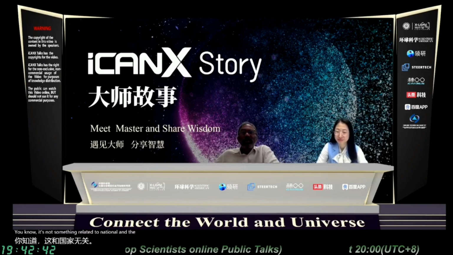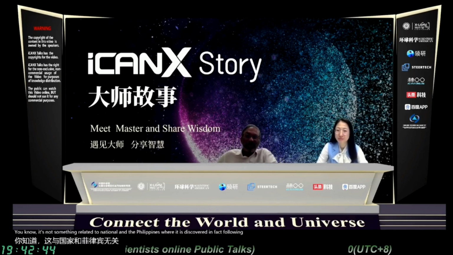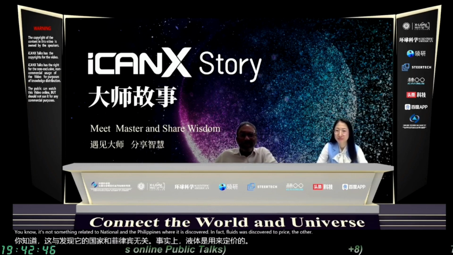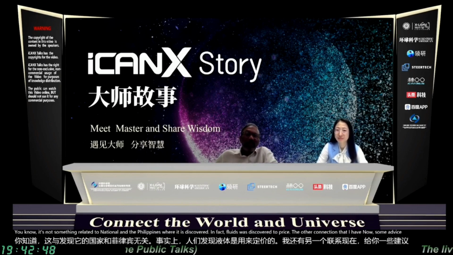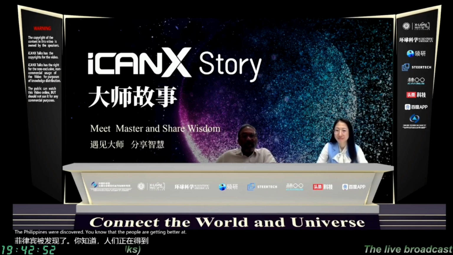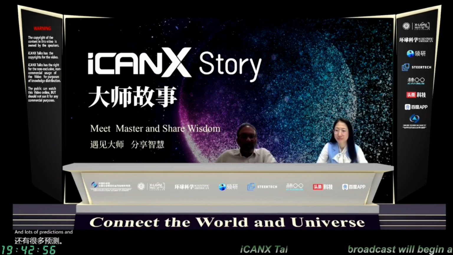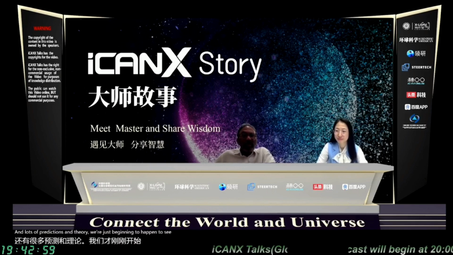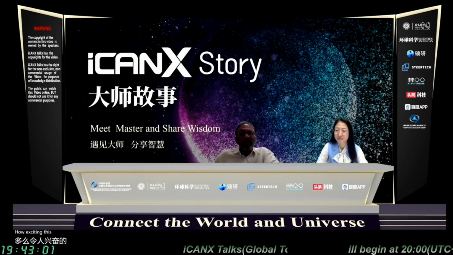The fullerenes were just discovered. In fact, fullerenes were discovered at Rice. That's the other connection that I have now, because I'm at Rice. People were getting better at making clusters of different materials, and lots of predictions and theory were just beginning to happen to see how exciting this whole field would be.